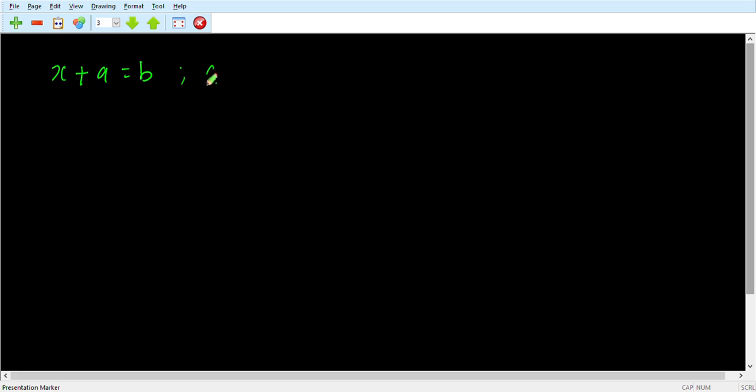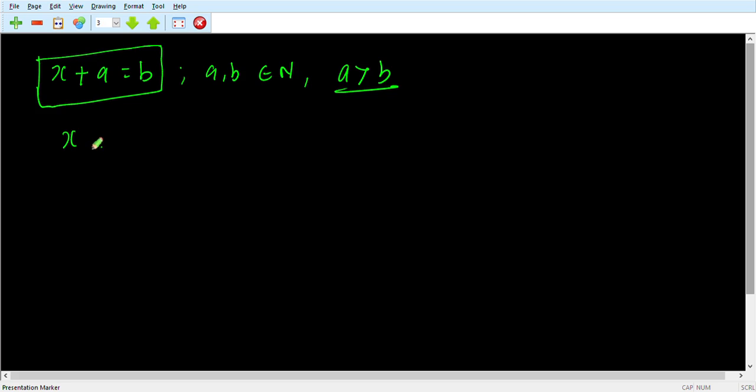If a and b belong to natural numbers, then it will be difficult to solve this equation for natural numbers, because if I make a condition that a is greater than b, you will not get a single natural number that satisfies this equation. For example, put x plus 9 is equal to 2, and you will not get a single natural number that satisfies this equation.